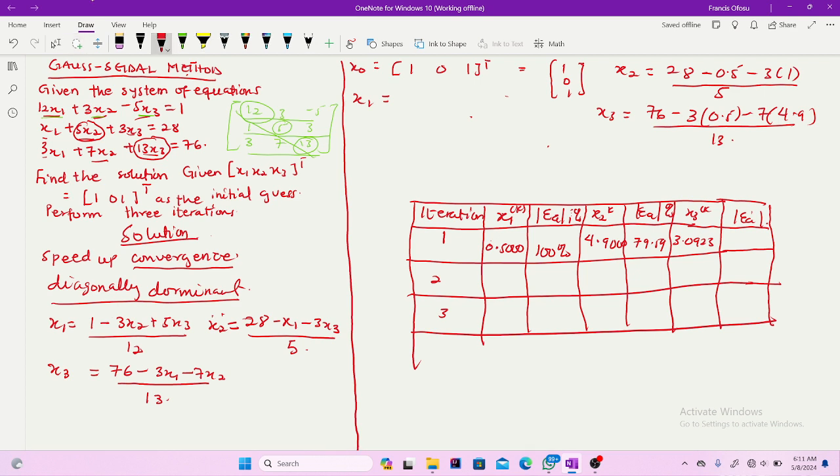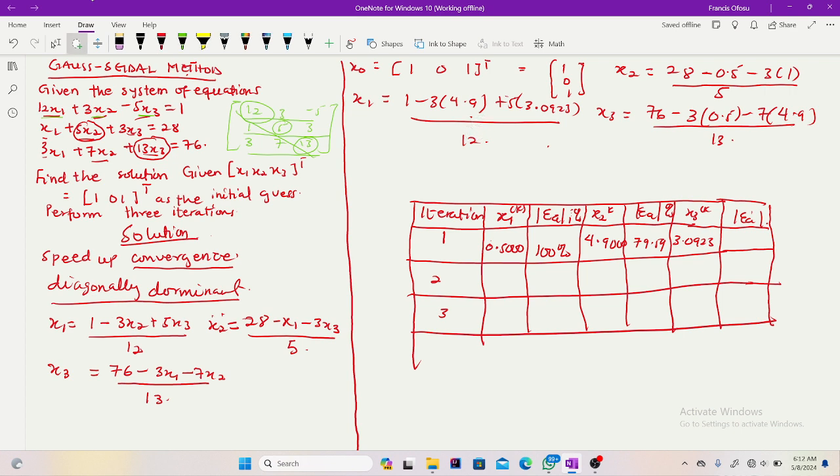For my second iteration, I'm going to put the current values of our x1, x2, x3, which are 0, 4.900, then 3.093. Okay, so my x1 value is now 1 minus 3 times the new x2 value. The new x2 value is 4.9, plus 5 multiplying the current x3 value, which is 3.0923, all over 12.